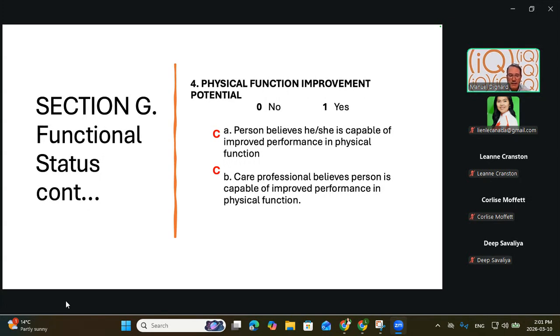Perhaps staff notice that the resident avoids doing something that they are physically able to do. Maybe it's out of fear, maybe it's out of habit. Now, when we look at these two items, they really help identify which residents could benefit from rehabilitation or restorative programming, because these are still very present and very important.